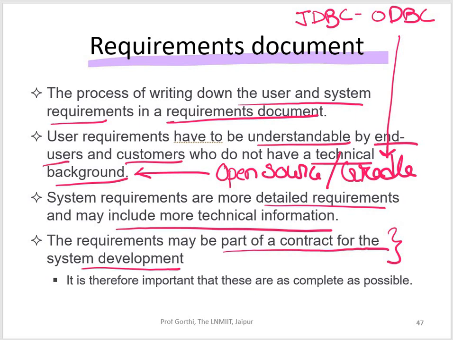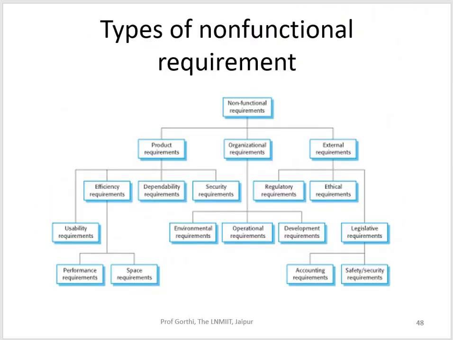The system requirements are more detailed requirements and may include more technical information as well. Your requirements may be a part of the contract for the system development. That means whatever has been specified in the contract is included here. So it is important that these are as complete and as extensive as possible.